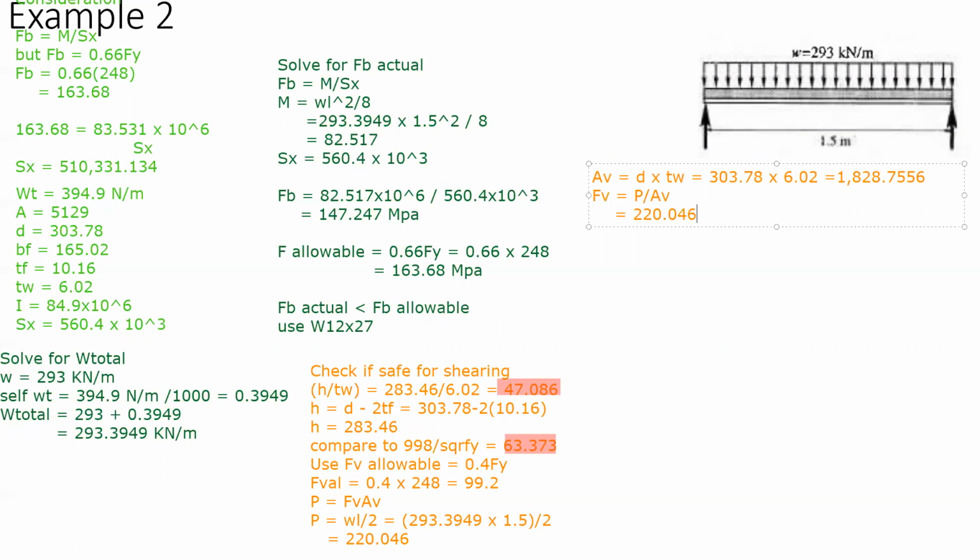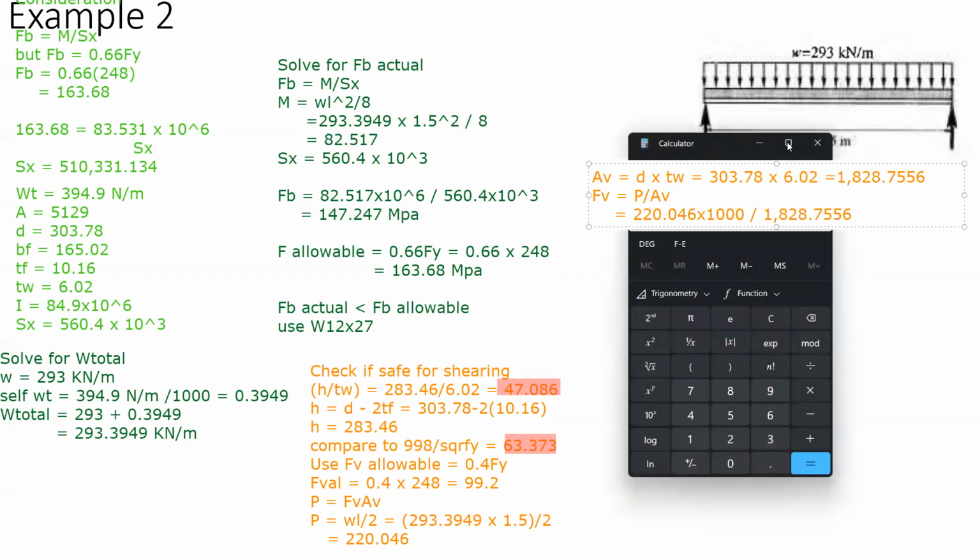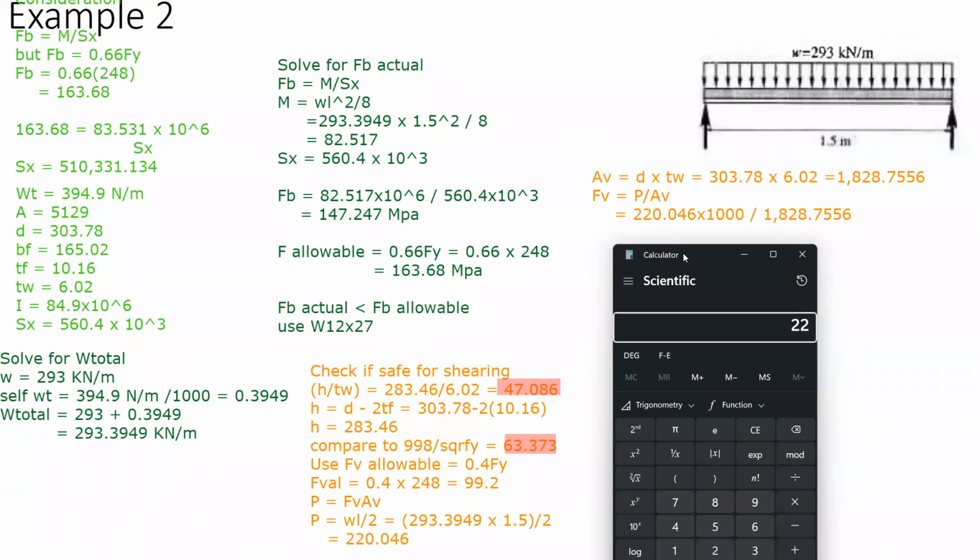So let us convert that to Newton by multiplying it to 1,000 and let's divide this by the value of AV na 1,828. So let's put that into our calculator. It is 0.046 times 1,000 divided by, so you have 120.325.